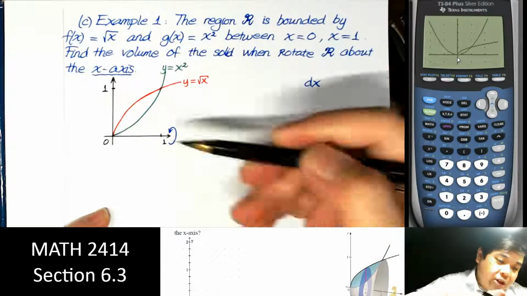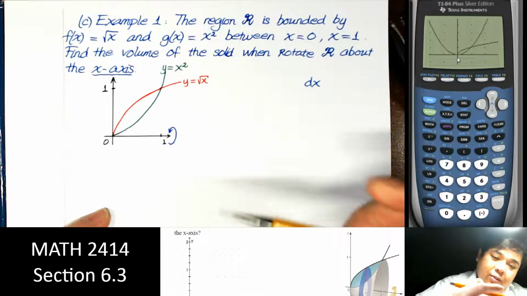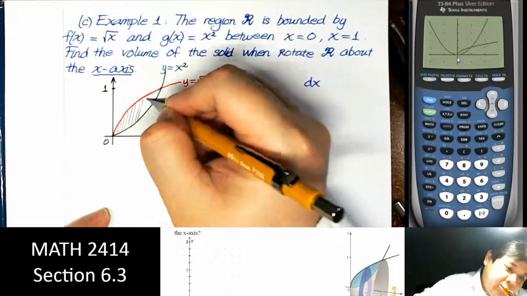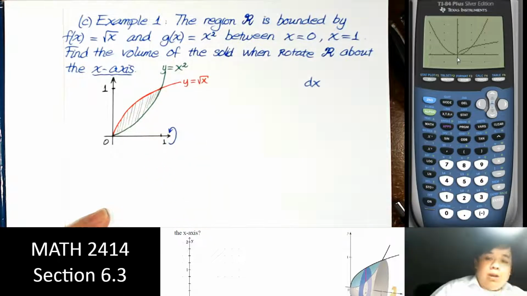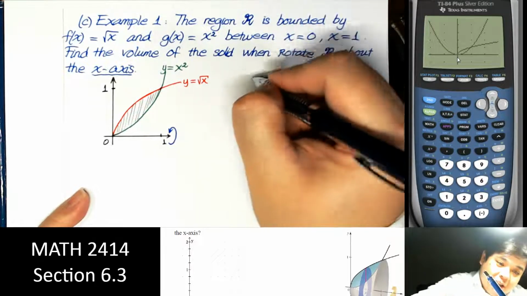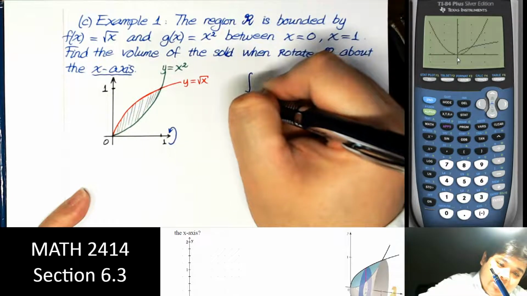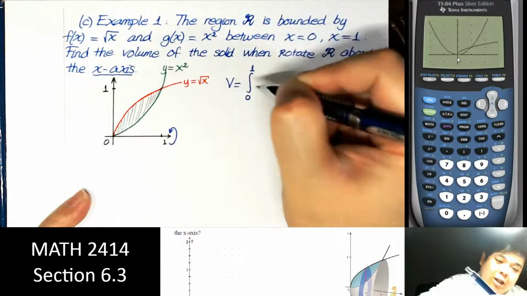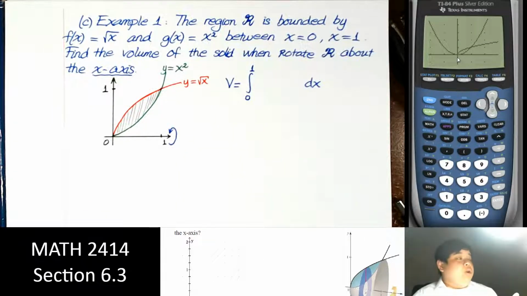And this is the region R. So the limits are obviously from 0 to 1. So it's easy to determine dx or dy, and then the limits should also be easy.